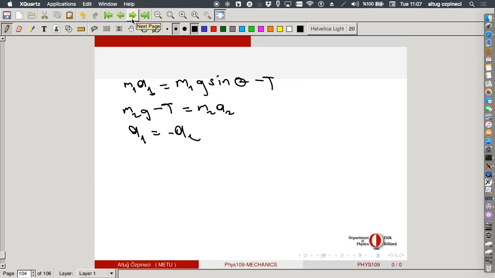So now we have to solve these: the three equations for three unknowns. Well, the easiest one will be just to put this in the first two.